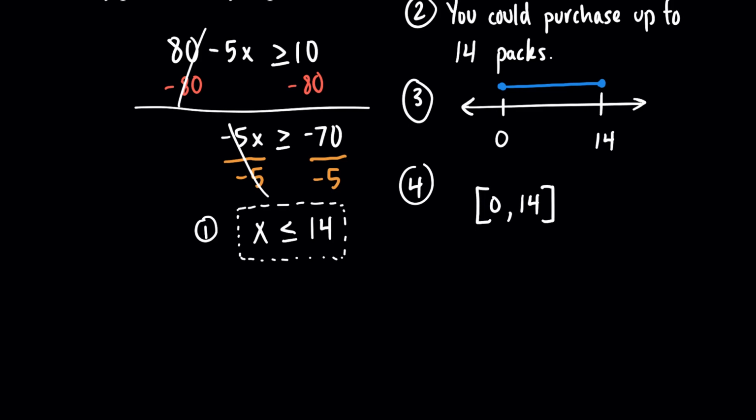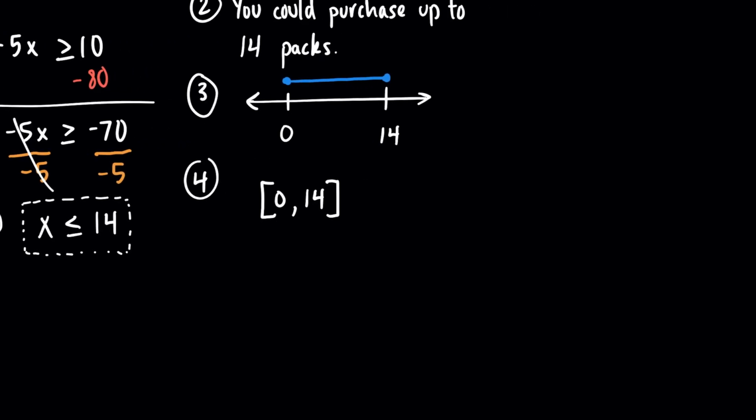You'll notice here that I've done brackets, okay? So we're going to leave a little note here for you. Use brackets instead of parentheses if you want to include the number.